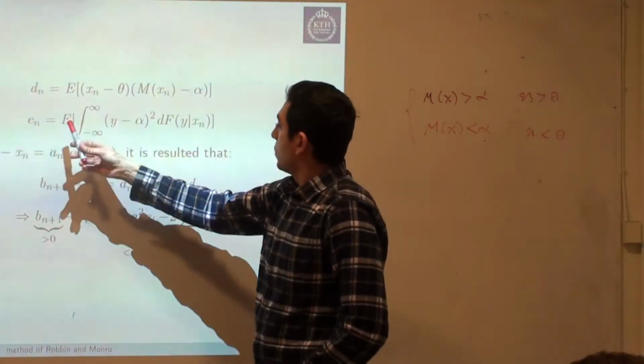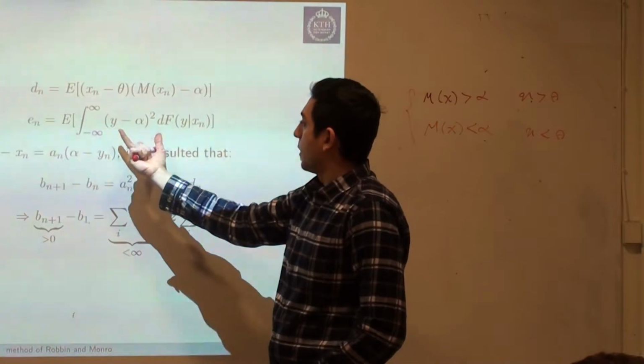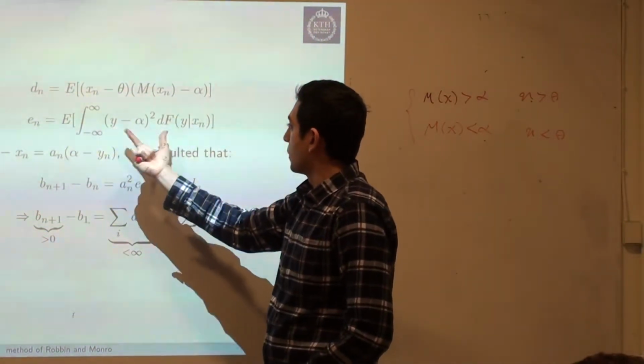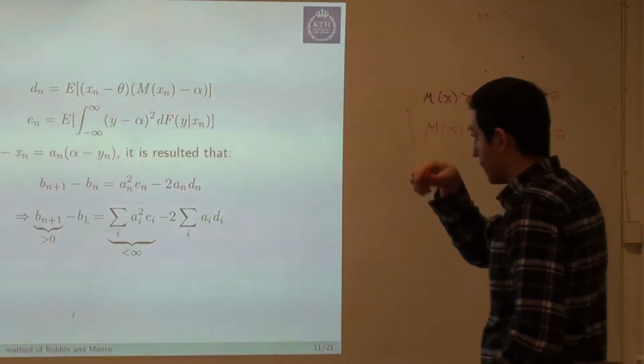And the en is the expectation of this y minus alpha squared with respect to the distribution of y given x.